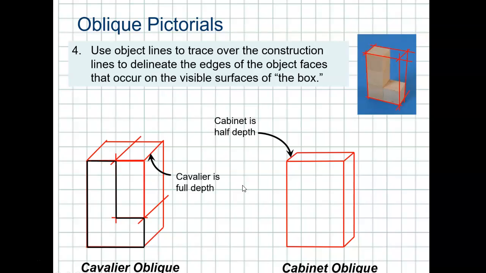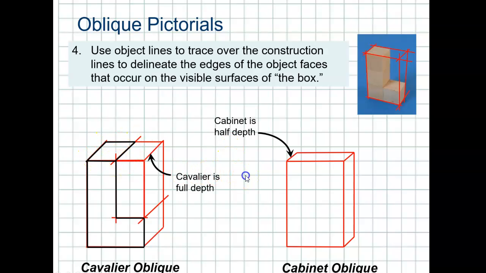For step 4, use object lines to trace over the construction lines to delineate the edges of the object faces that occur on the visible surfaces of the box. So what you see here, these black outlines, I want you to do that on your graph paper now. Make nice, dark, thick, straight lines using your ruler to create the edges and the object lines of the actual box, or the blocks that you see here. And then continue that.